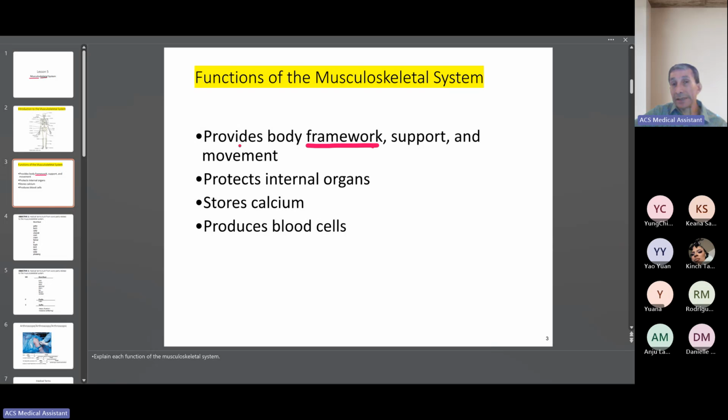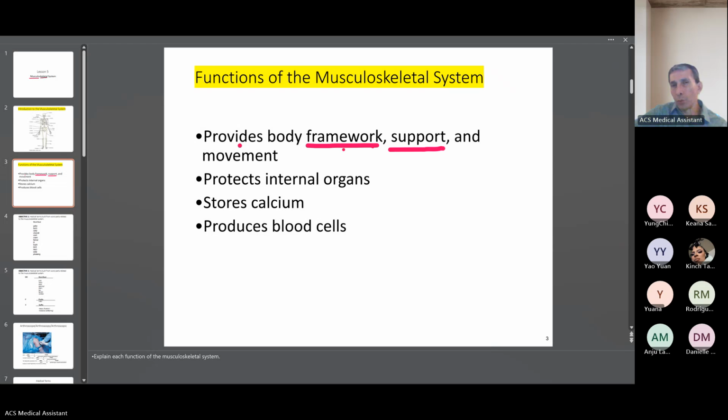How can we sit? How can we move? You wouldn't be able to, right? Only muscle, only mass. We wouldn't have any real form or structure. So that's the first one.